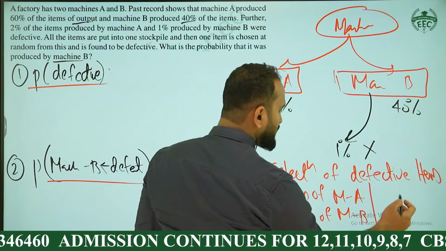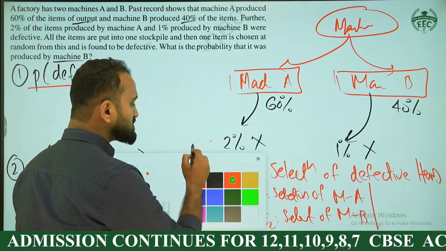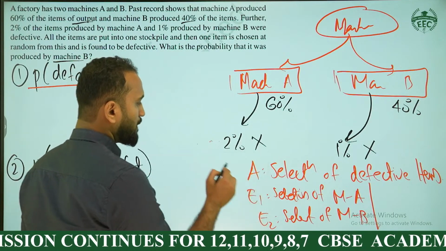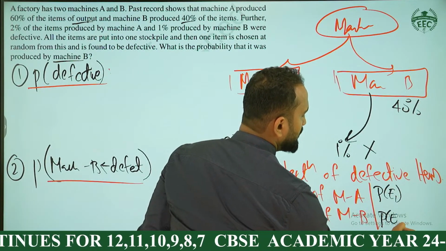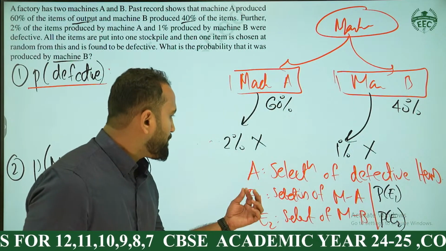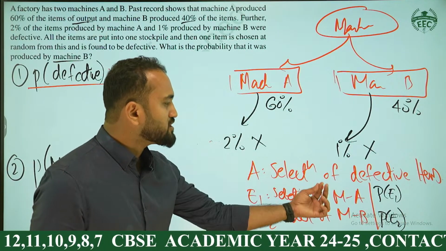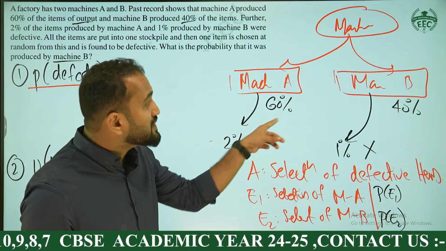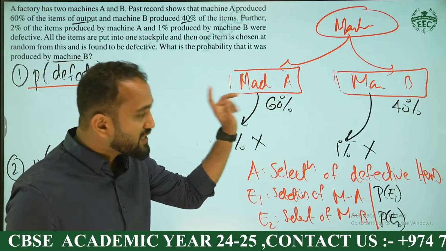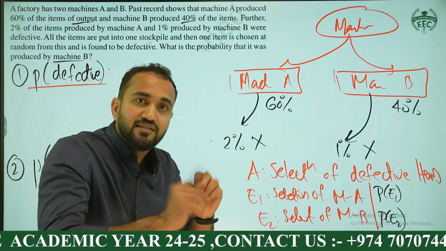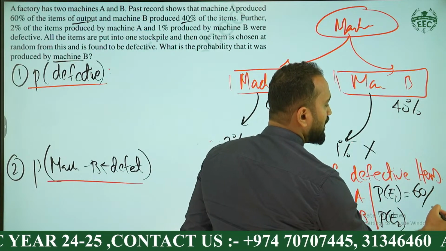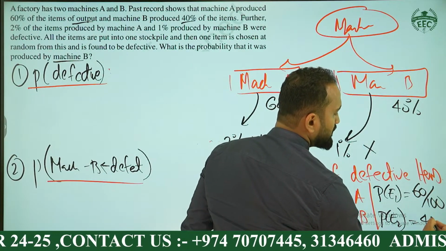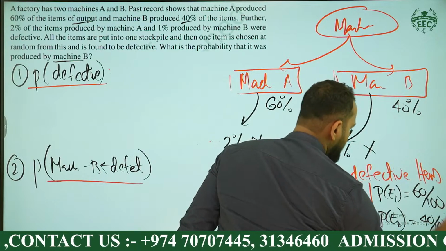So that you can write P of E1, P of E2. People, what is the probability of selection of an item produced by machine A? 16% are produced by machine A, which means this will become 16 by 100, and the remaining will become 14 by 100.